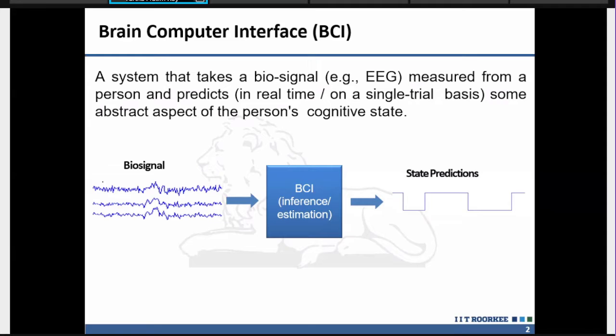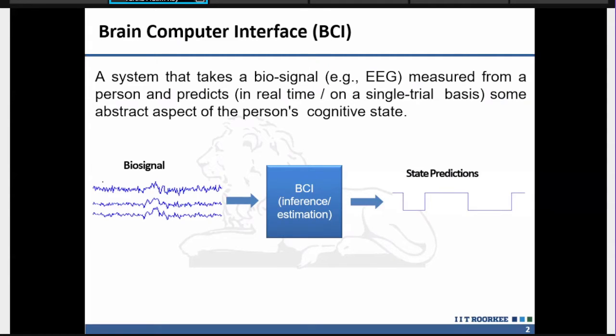If we record those signals, and I'll show you how we can acquire those signals, these are called biosignals. These signals will reflect the human cognitive state.